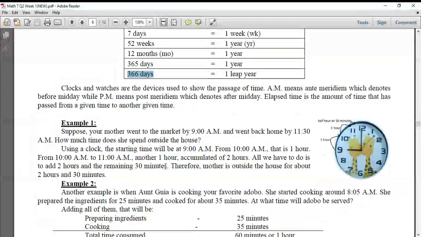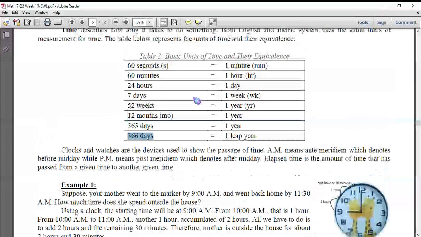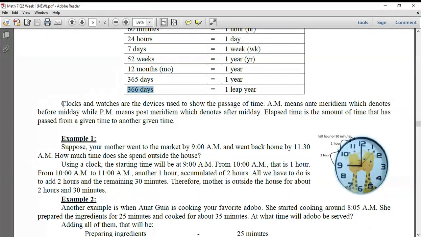So, anong mga ginagamit natin na device para sa time? So, sabi rito, clocks and watches are devices used to show the passage of time. So, AM, pag umaga, ibig sabihin ay ito yung ante-meridiem, which denotes before midday.